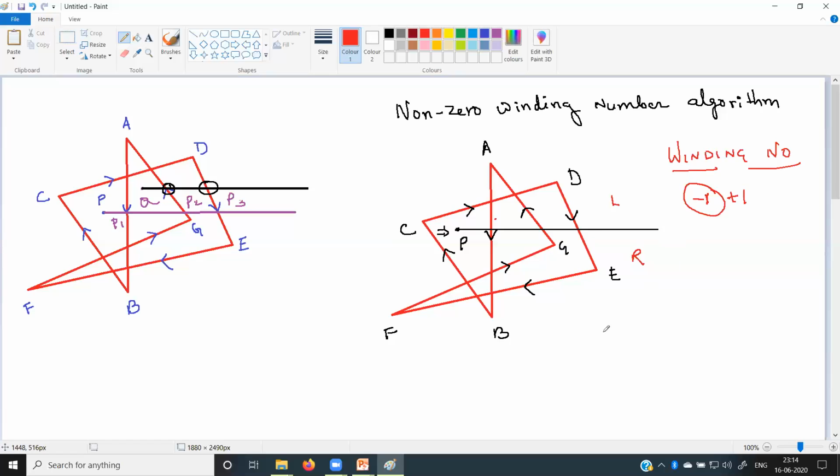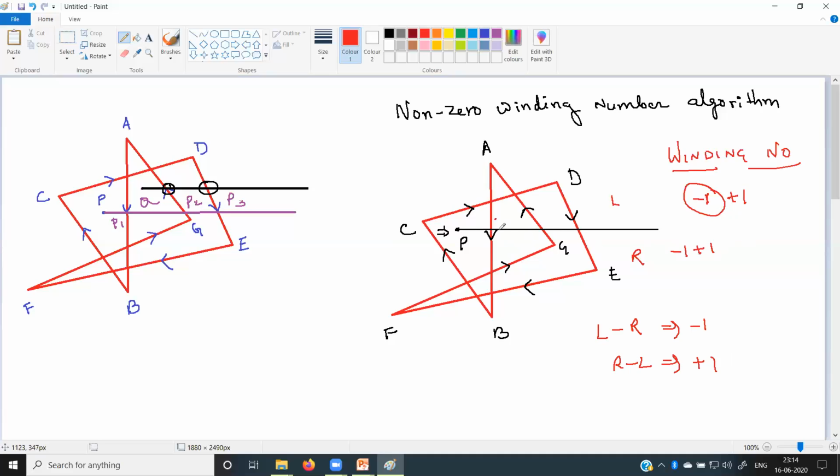So if the winding is from left to right, the value will be minus 1, and if it is right to left, the value will be plus 1, and we will add it with all the intersection points. We will repeatedly add this number, and finally we will get either 0 or some other non-zero value. Here the first one is minus 1 and the second one is plus 1, so we write minus 1 plus 1.